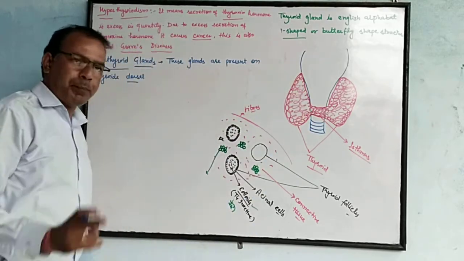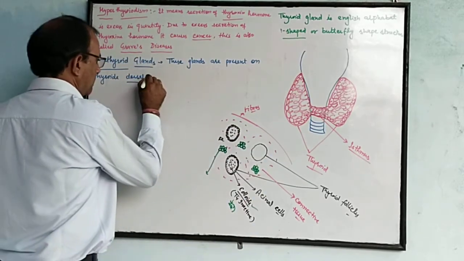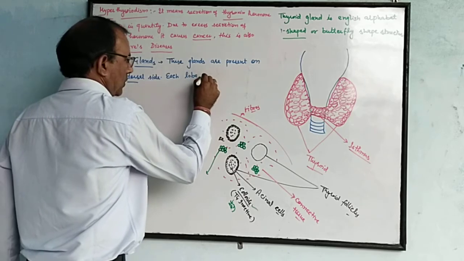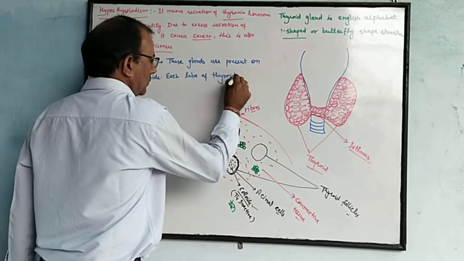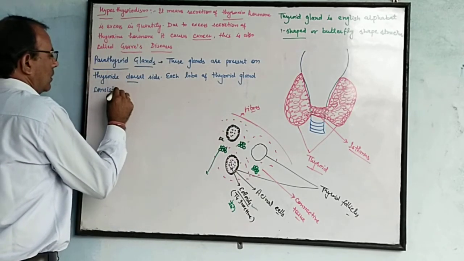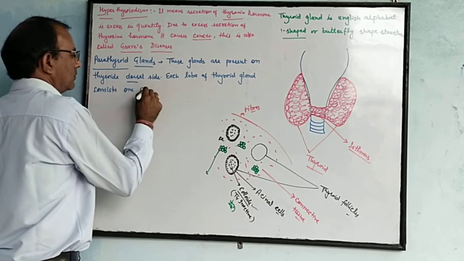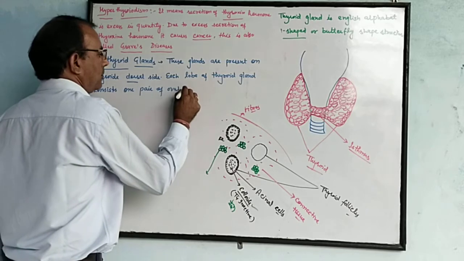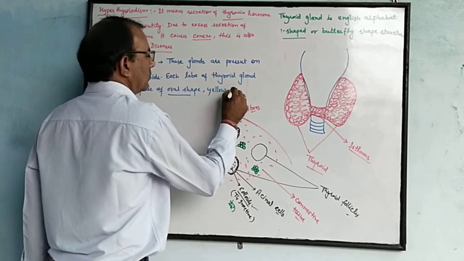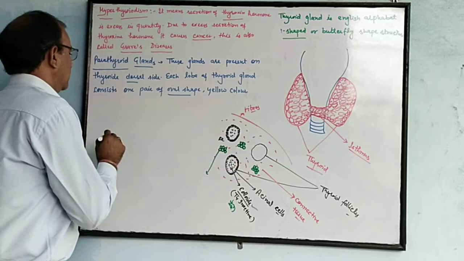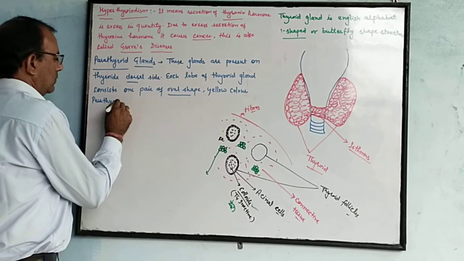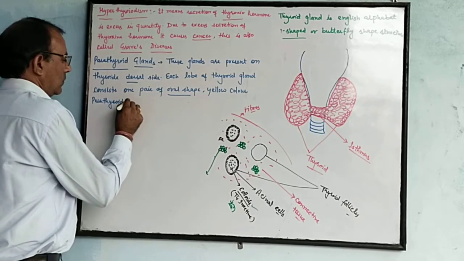Each lobe contains a pair of parathyroid glands. Each lobe of the thyroid gland consists of one pair of oval shaped, yellow colored parathyroid glands.